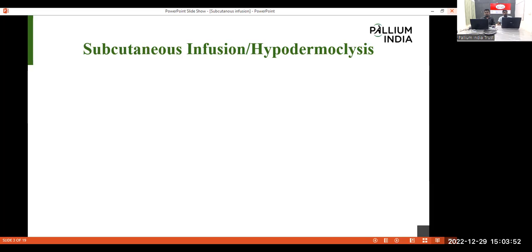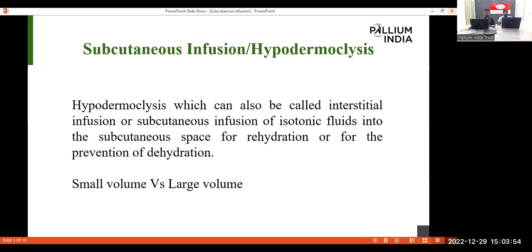Clysis means administration. So hypodermoclysis we can define as administration of a small volume of medicine like a bolus injection, or a large volume of medication like infusions as a drip, to the subcutaneous space. That is the subcutaneous infusion or hypodermoclysis.